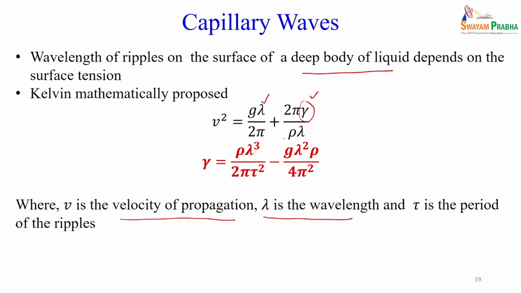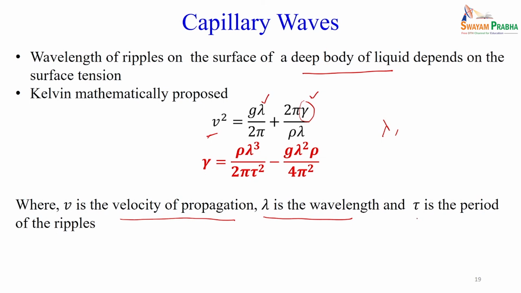What we have to monitor is the wavelength, and once we know this wavelength we should be able to calculate the interfacial tension. So, we require this wavelength and this velocity.